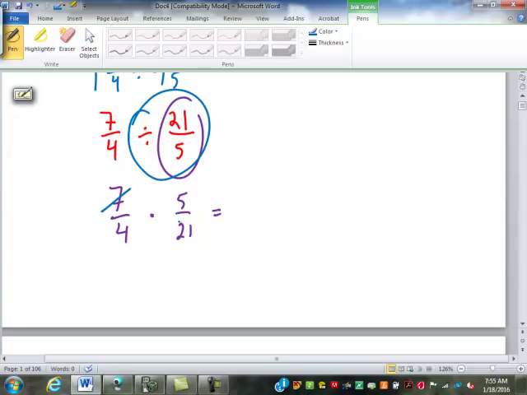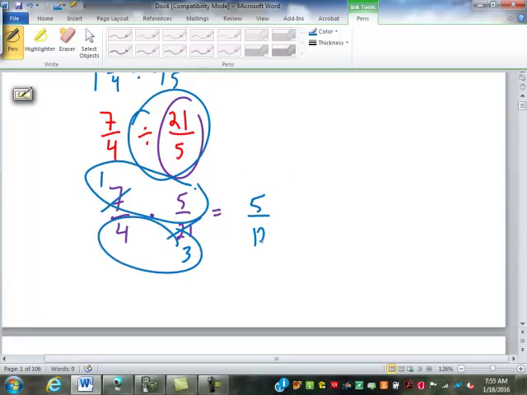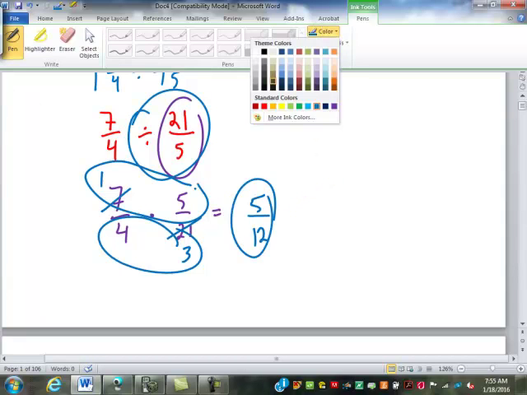So now I'm going to cross cancel the 7 and 21 to give me 1 and 3. You could divide by the reciprocal if you wanted to, but there are very few cases where that would be beneficial. 1 times 5 is 5. 4 times 3 is 12. So it's a 5 to 12 ratio.